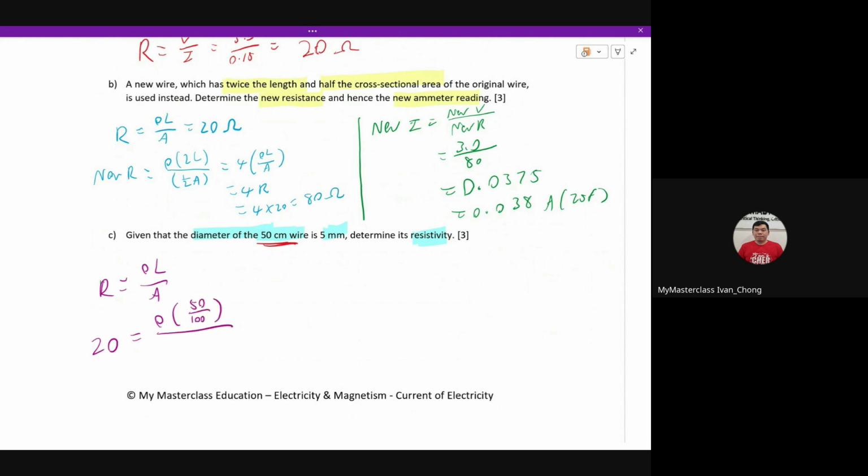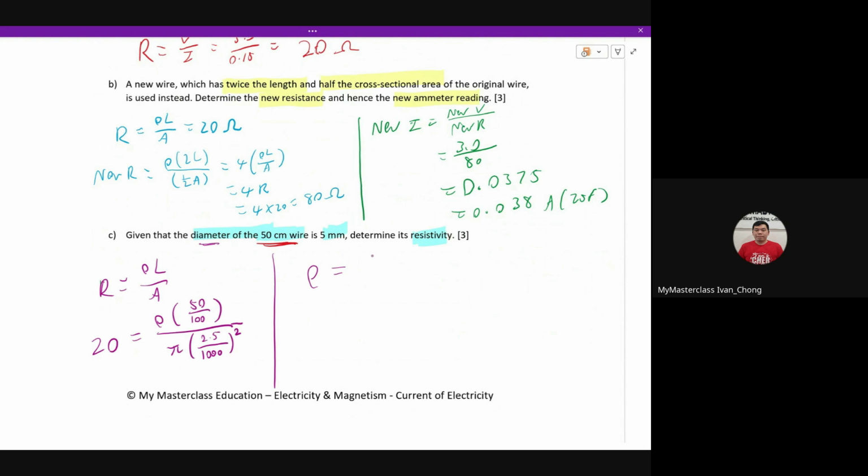And your diameter, so your area, which is pi r squared, is going to be pi times 2.5, because this is the diameter halved, divided by 1000 and squared. Don't forget the square. So now all you need to do is solve what is rho.